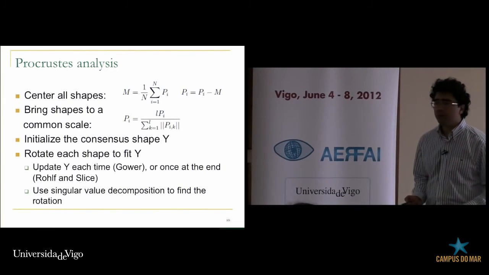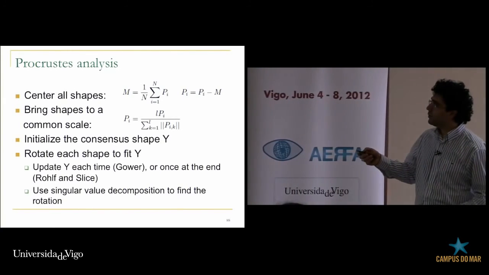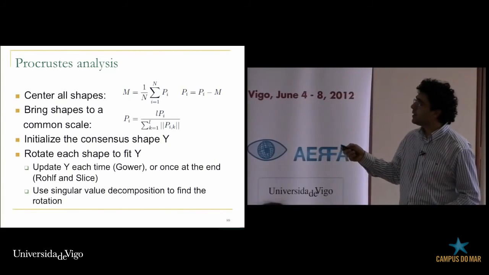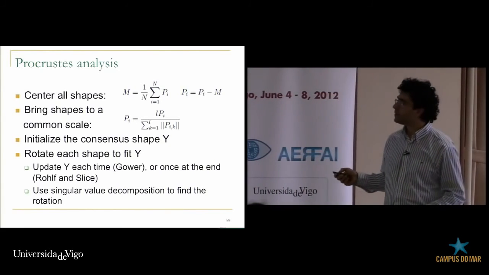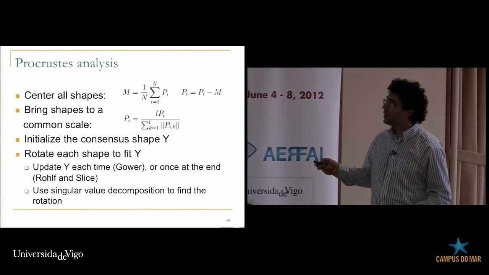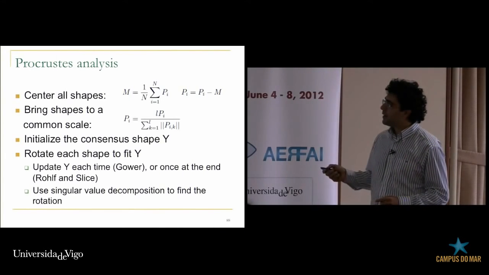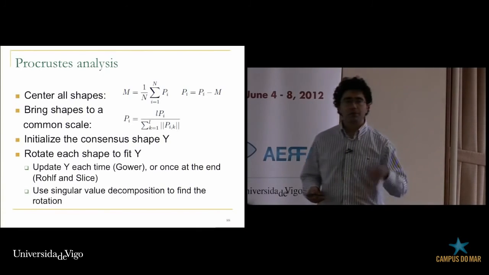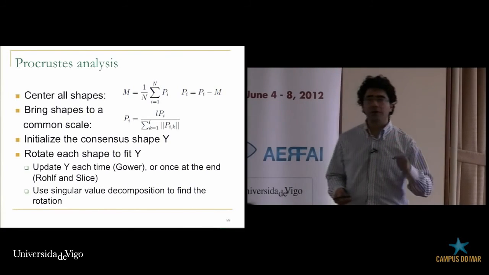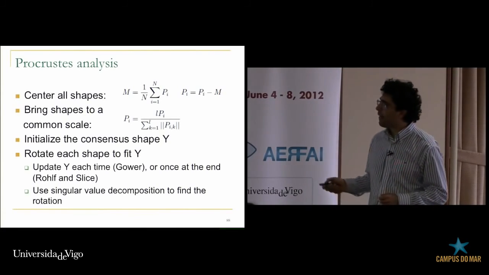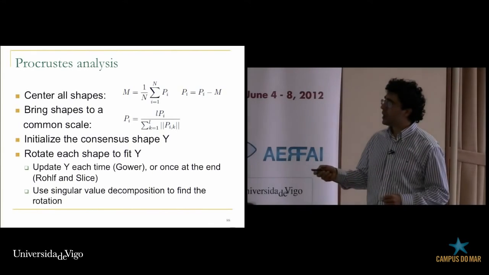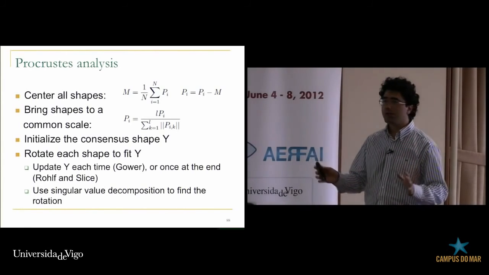And the way you perform this analysis is you first find a mean shape, you center all your shapes, then you bring all your shapes to a common scale. And then you initialize the consensus shape randomly, let's say by taking one of the shapes as the initial shape. You rotate each shape to fit this consensus shape the best.